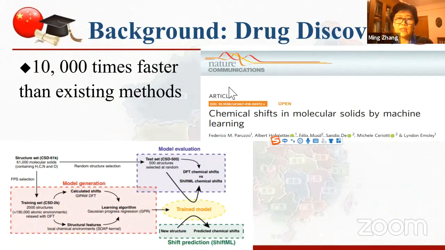We can see from a paper, this is chemical shifts in molecular solids by machine learning. This is published in Nature Communications, and it announced that the AI model is 10,000 times faster than existing methods.